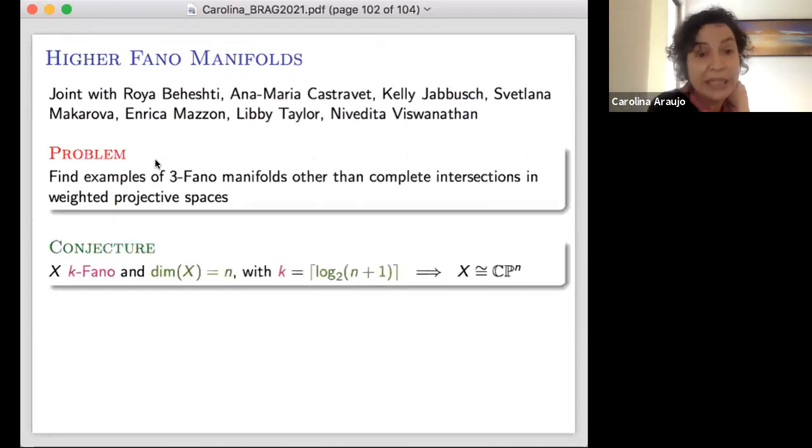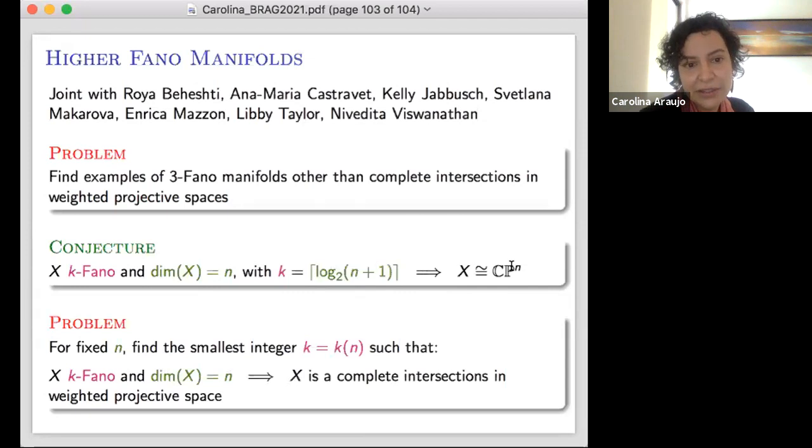So we conjecture that if X is k Fano, where this k is roughly log base 2 of n plus 1, so this bound is what leaves the quadric away, if X is k Fano for k sufficiently big with respect to the dimension, then this should be a characterization of a projective space.